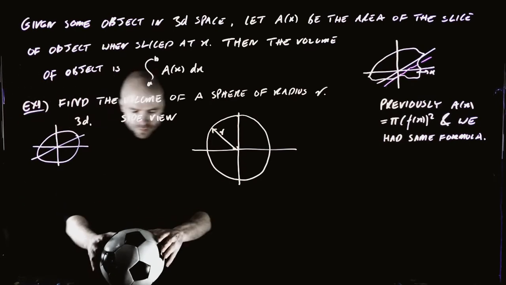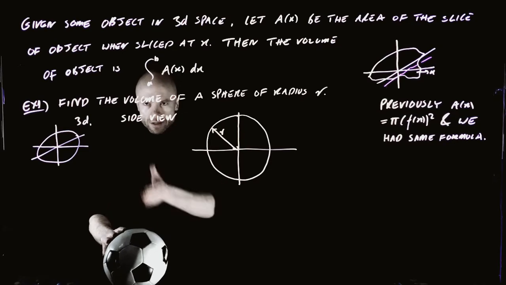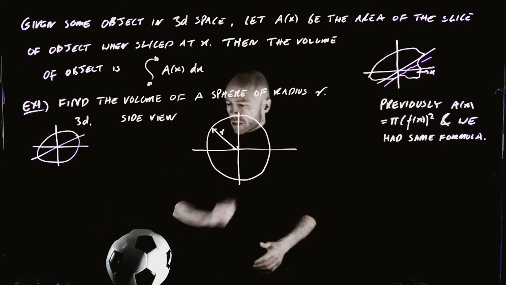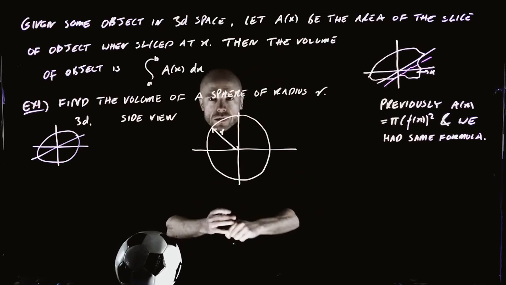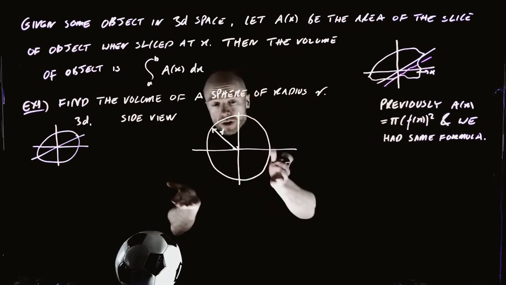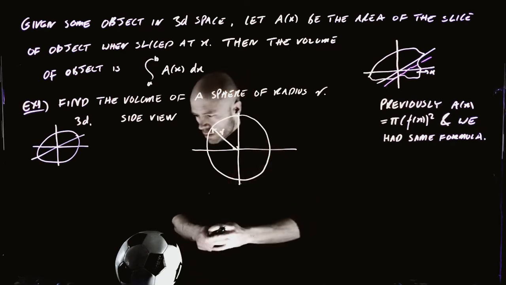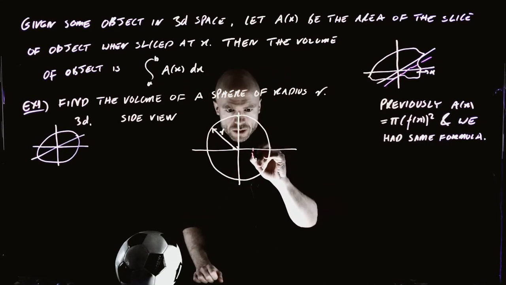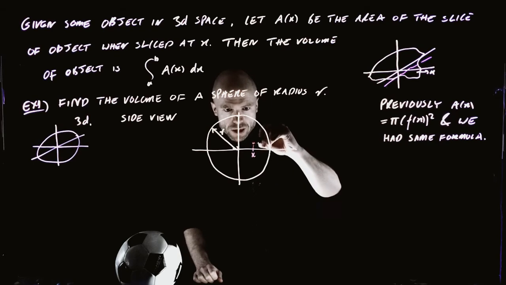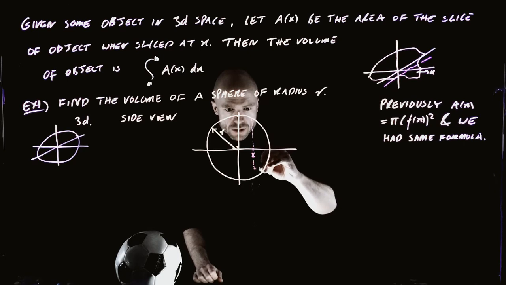Here's our sphere. We're going to take slices through the sphere like this. Yeah? So, how do we do it? Well, the slice is going to be defined by how far along we slice. So, if this here is x, we're going to produce a slice, goes up like this and down like this.